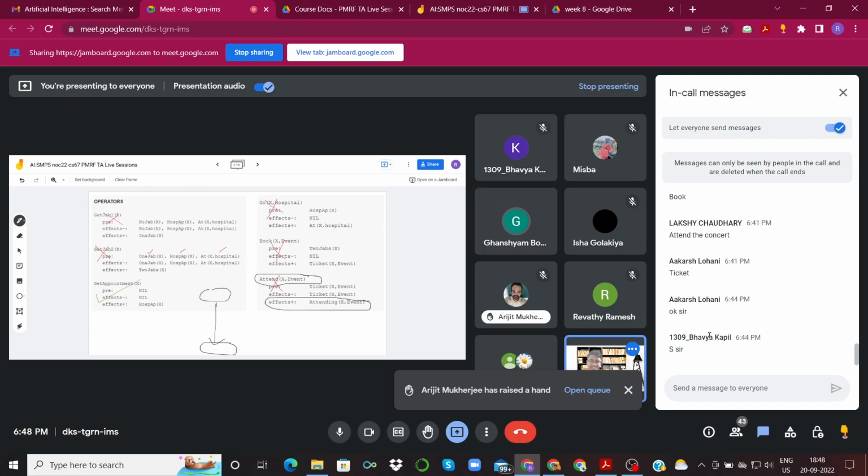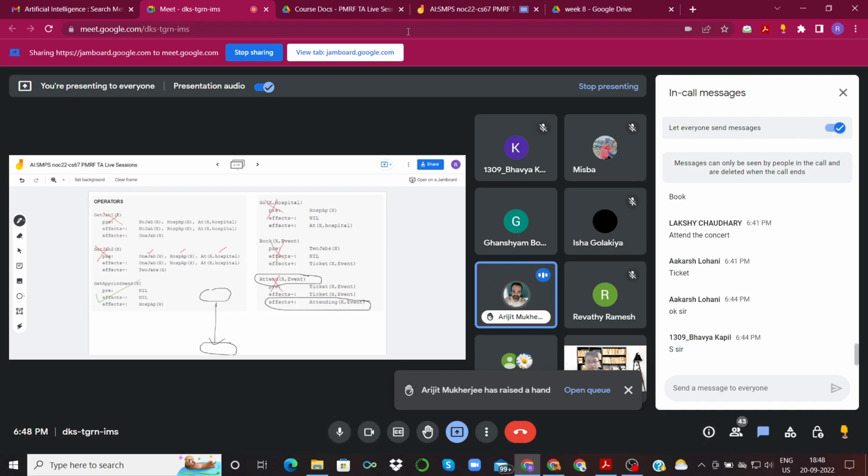Yes, Arijit, you have raised a hand, so if you have a doubt, please go ahead. Yes, sir. I have a doubt. In case of backward state space planning, the last action means the last action which is applied to the plan. So the plan is validated as in forward state space.